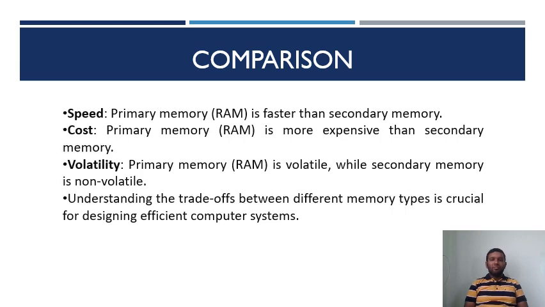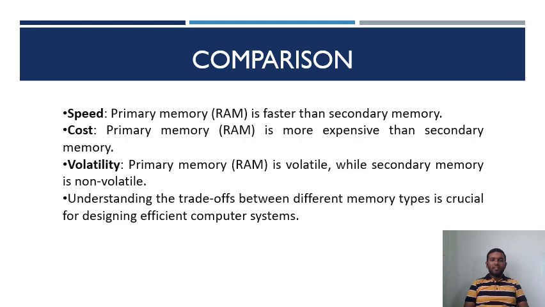Understanding the trade-offs between different memory types is crucial for designing efficient computer systems. This is some of the comparison between the primary memory, secondary memory and the tertiary memory, across the memory systems under three parameters, which are speed, cost, and volatility.